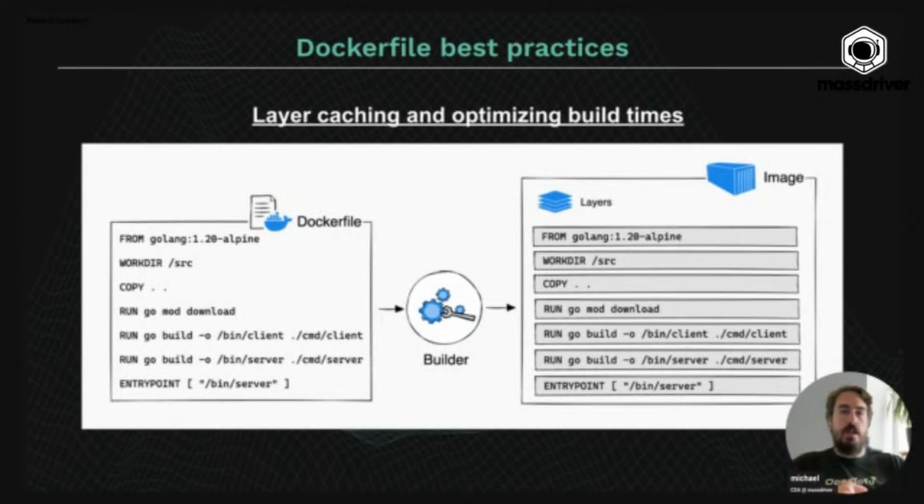In the image here, you can see how each instruction in the Dockerfile results in a new layer. By carefully ordering your Dockerfile instructions, especially the ones that change frequently, you can take full advantage of this caching mechanism to reduce build times.